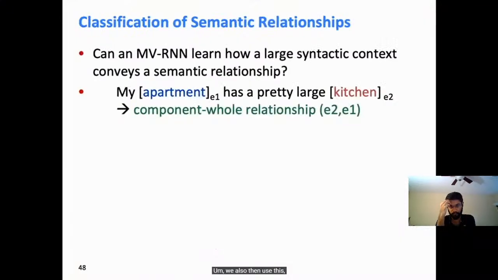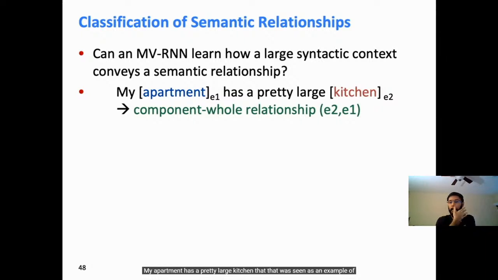We also then used this model to say, well, could we do semantic classification tasks? If we wanted to understand relations between different noun phrases, this was a data set where there were relations marked between two noun phrases. My apartment has a pretty large kitchen.